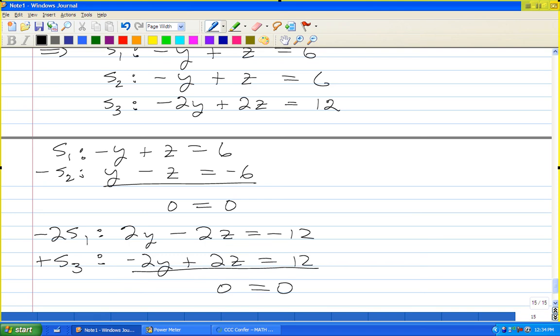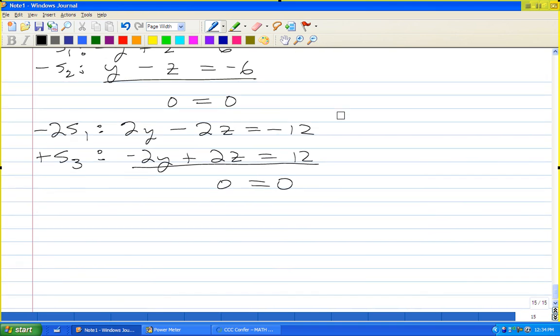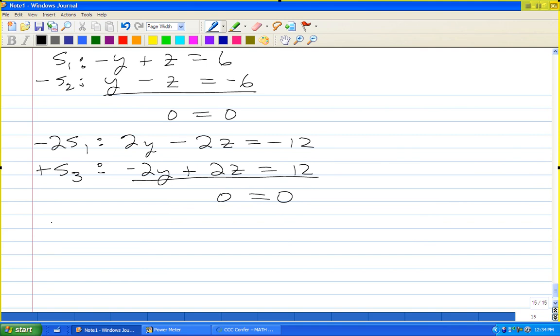So that means that these three equations, well, they're all the same. They're all coincident. Okay, and so that means that I only really have negative y plus z equals 6. So let's add y to both sides of my equation.